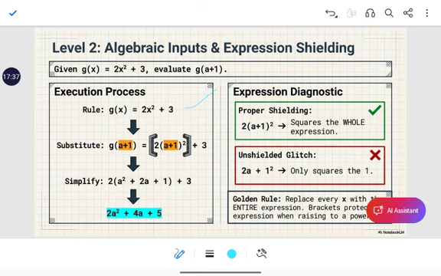This is our rule: 2x squared plus 3. Now, we will drop the x, which is now equal to a plus 1. You see it? Good. So you replace the whole thing with a plus 1.